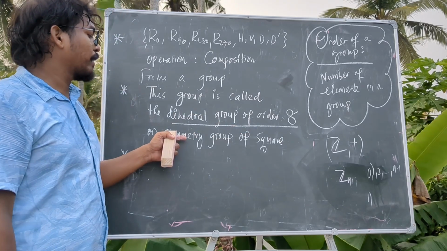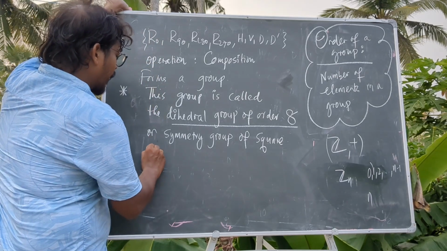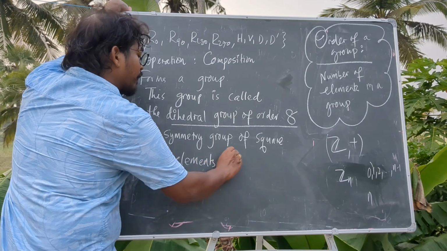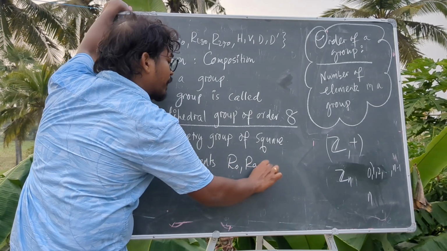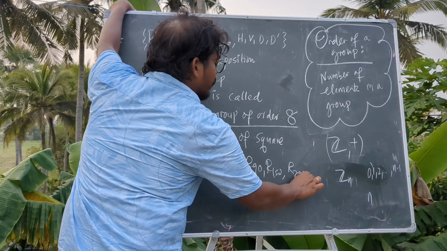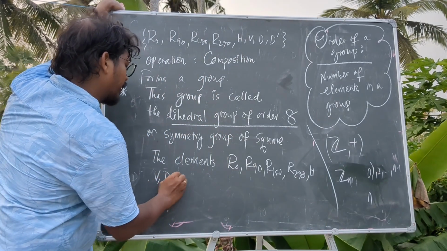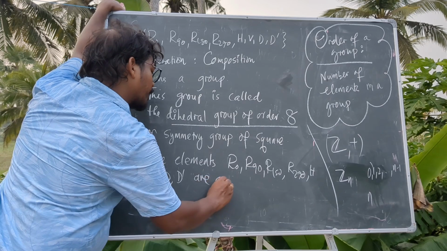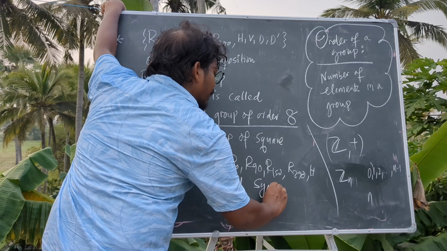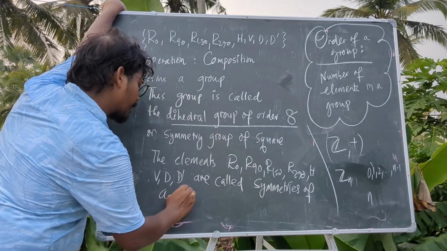Or we can say the symmetry group of a square, and the elements we have obtained, R0, R90, R180, R270, H, V, D, D dash, are called symmetries of a square.